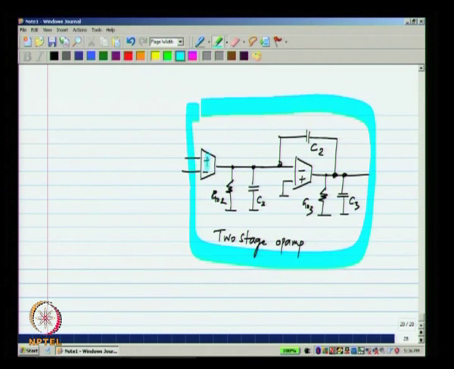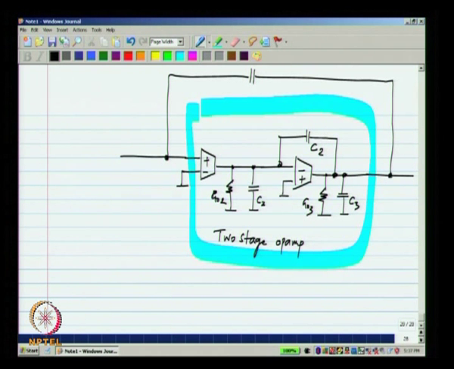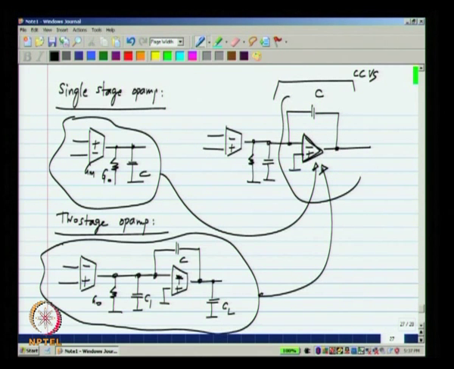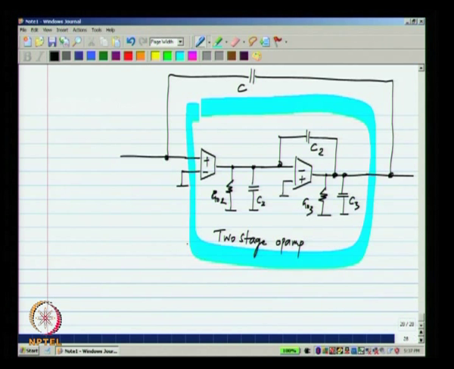And I have plus here and minus here because that is the sense I want to implement the current controlled voltage source. Now, this is my current controlled voltage source, that is this part of the circuit, and I drive it with what I had earlier.